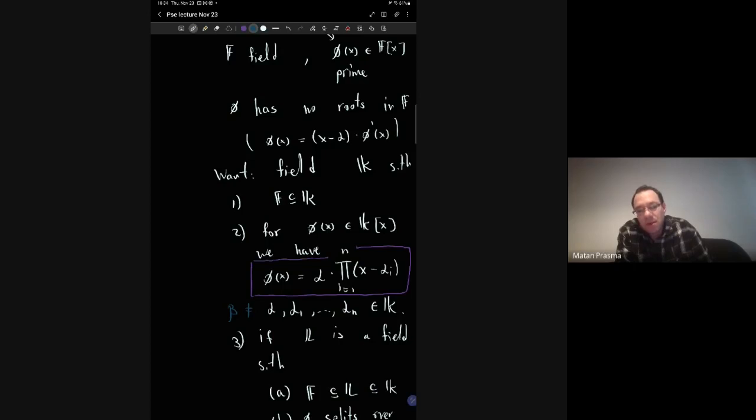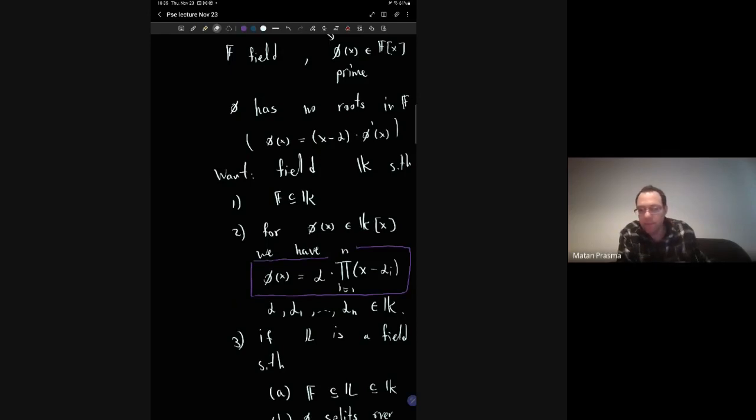Because you get beta minus alpha 1, beta minus alpha 2, and so on. Each of these expressions is non-zero. In a field, you multiply non-zero elements, you get a non-zero element. So you cannot have any other root for phi.